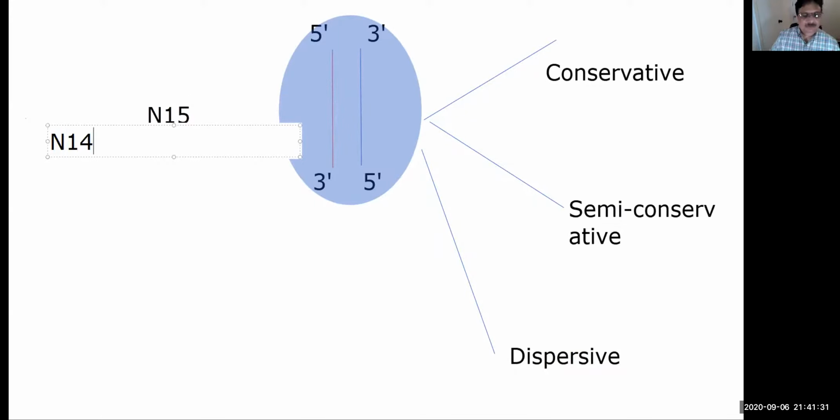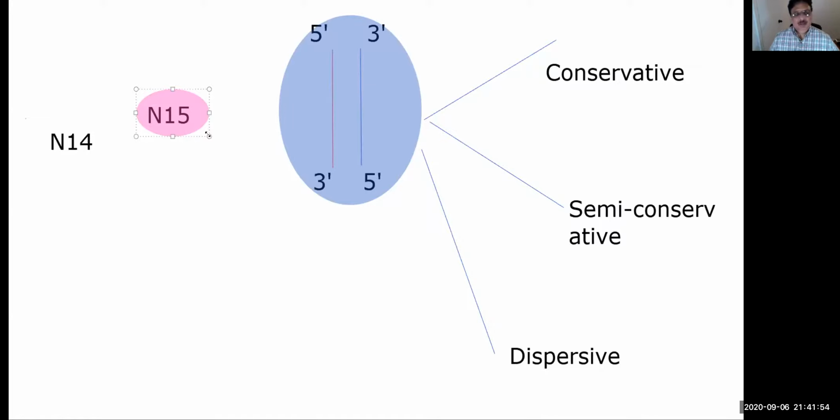N14 is the native form of nitrogen, and N15 is the isotopic form, meaning that it has an extra neutron that can release energy in the form of gamma radiation that can be captured, and it can prove an experiment.